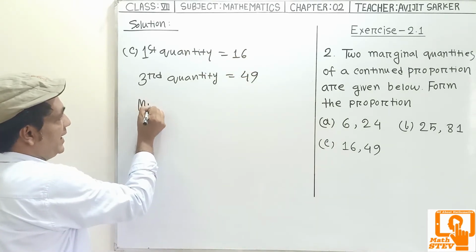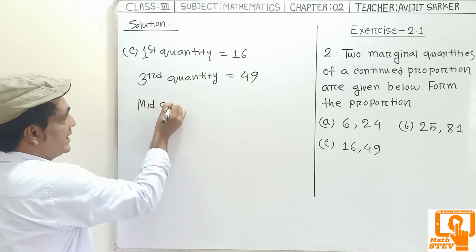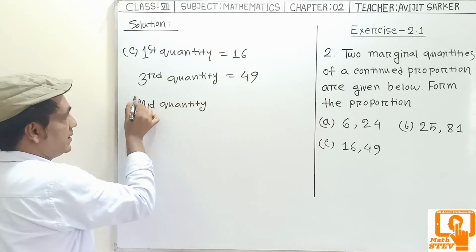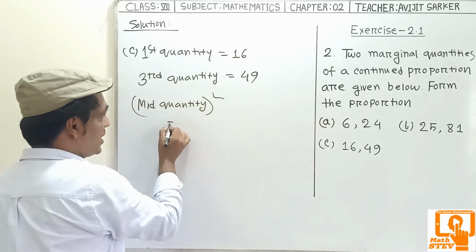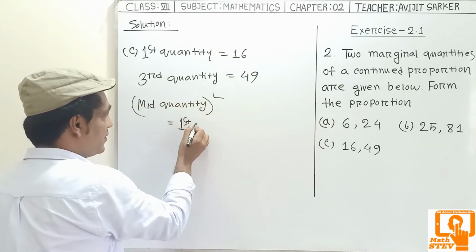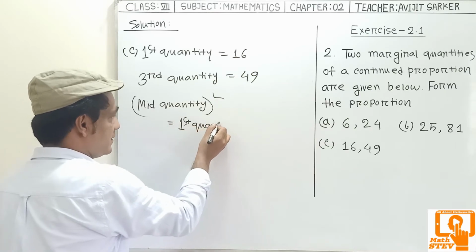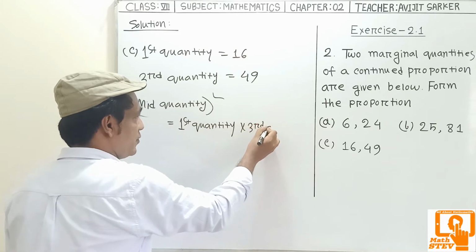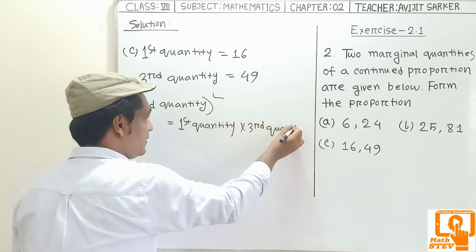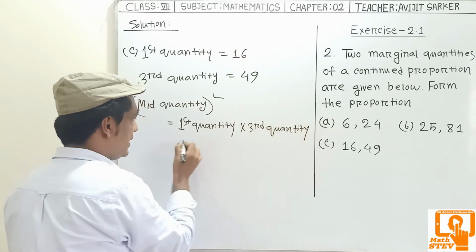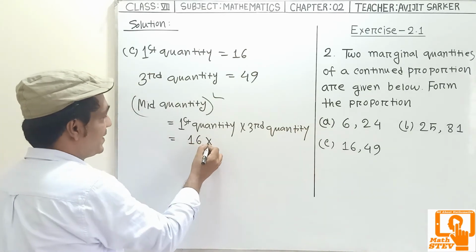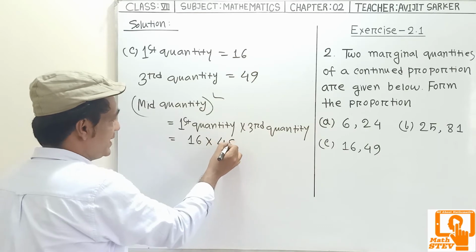Now, similarly, mid quantity square equals first quantity multiplied by third quantity, equals first quantity 16 multiplied by third quantity 49.